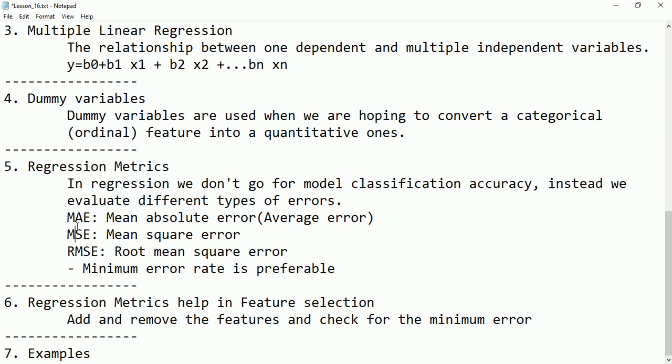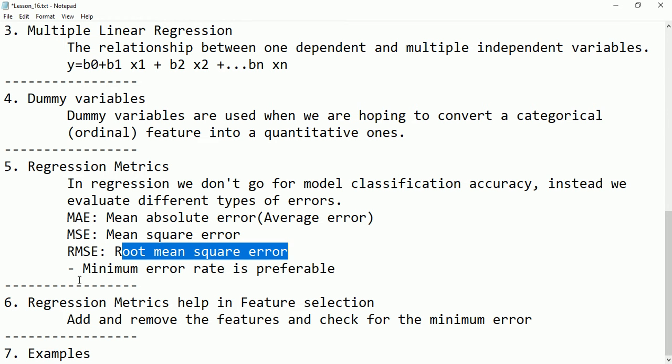The first type of error is called mean absolute error, and it is nothing but the average error. So we find the average of the error, and that is called mean absolute error.